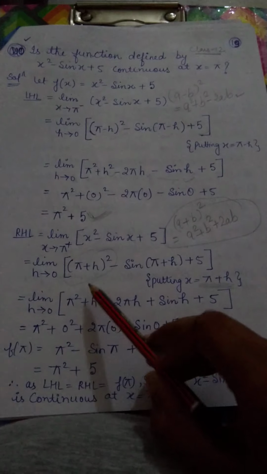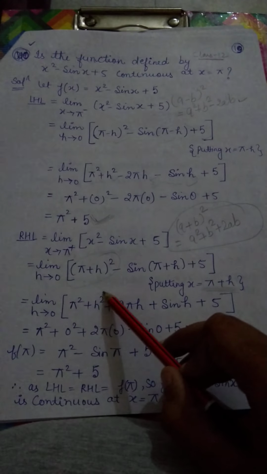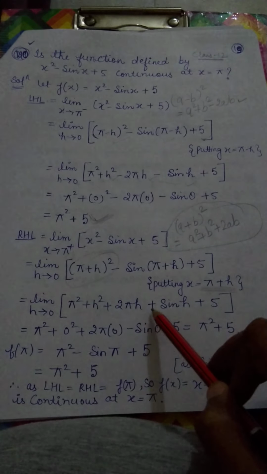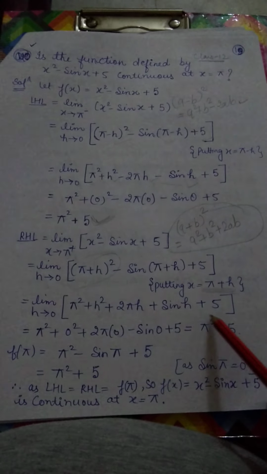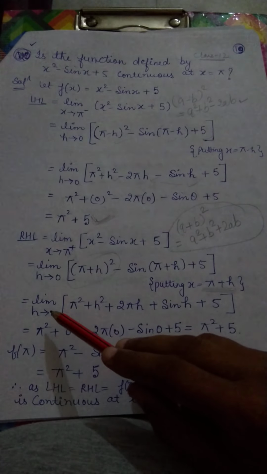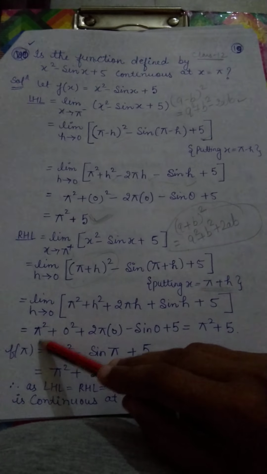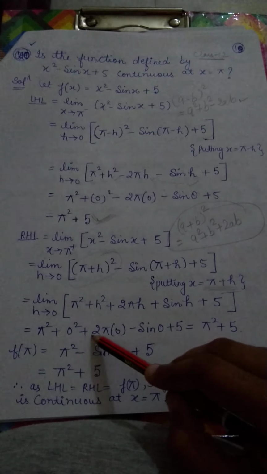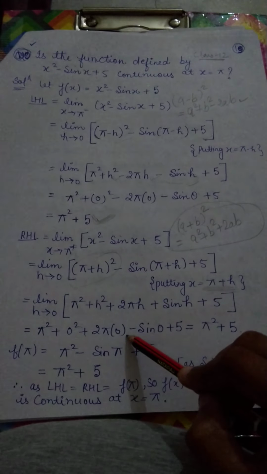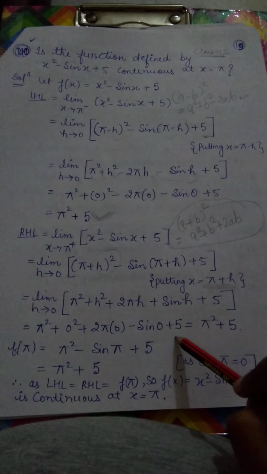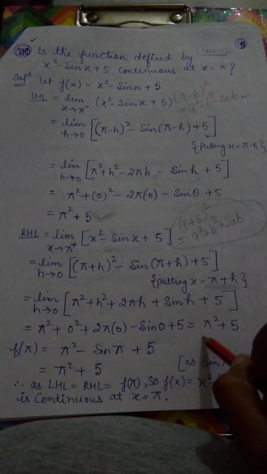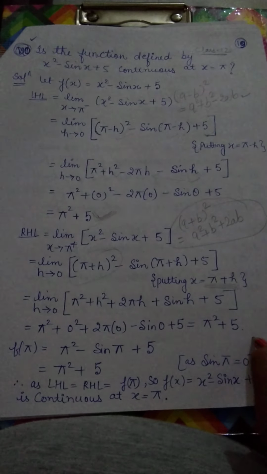Now what I will get? Pi square plus h square plus 2 pi h plus sin h plus 5. Now when h tends to 0, I will get pi square plus 0 square plus 2 pi into 0 minus sin 0 plus 5, that is equal to pi square plus 5.